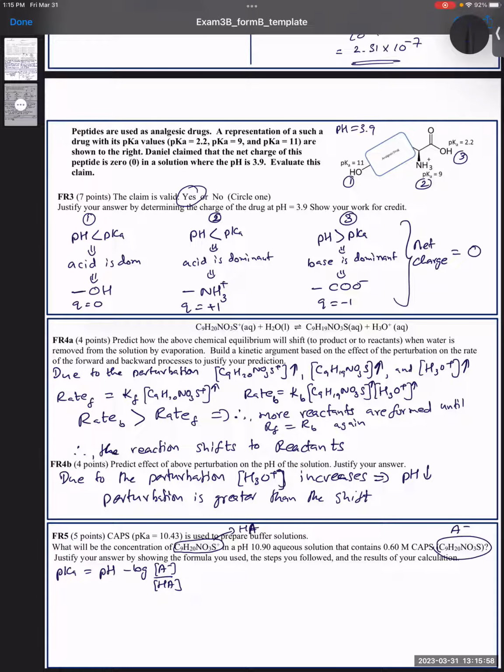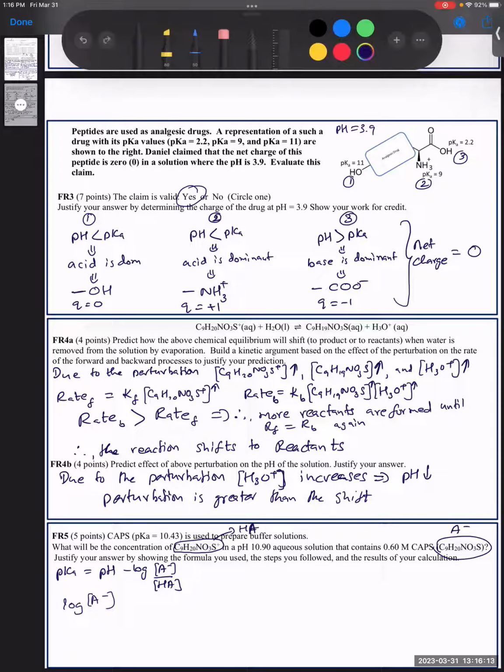Okay, and then if you rearrange this, we see that log base over acid, we can actually say base over acid at this point, log of base concentration over acid concentration is pH minus pKa.